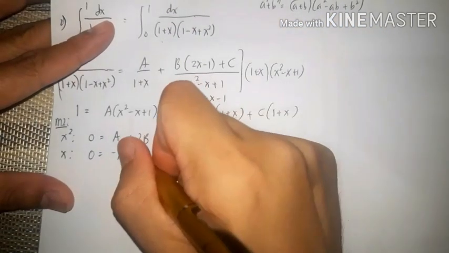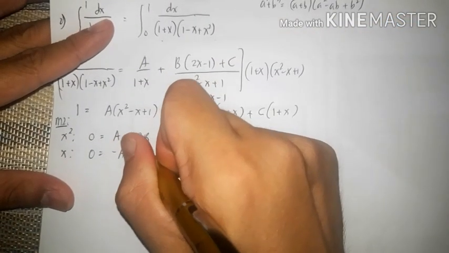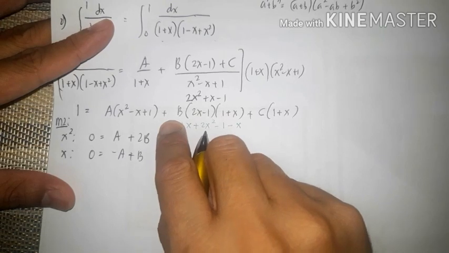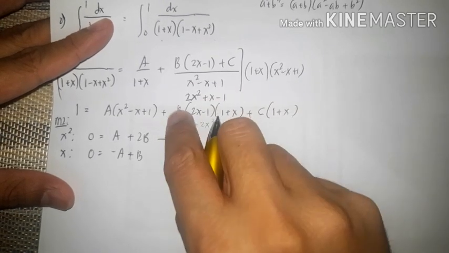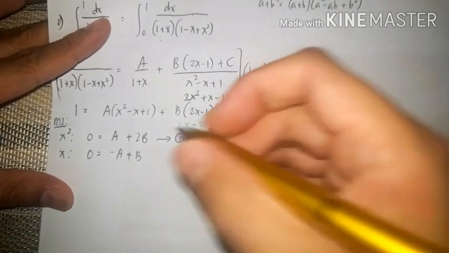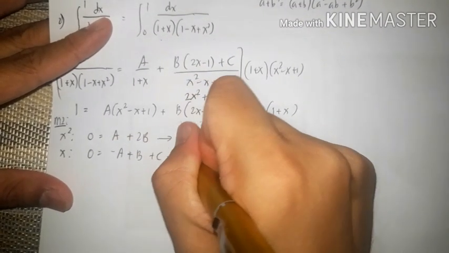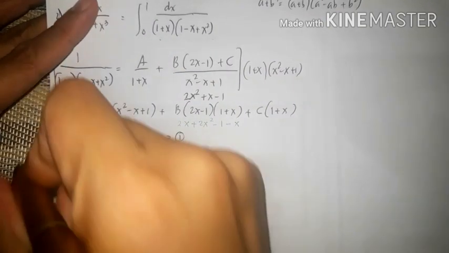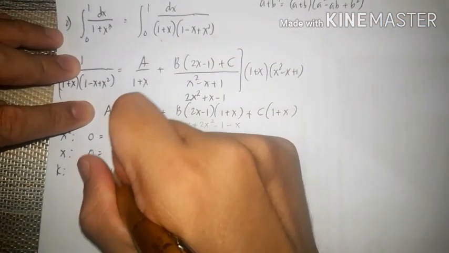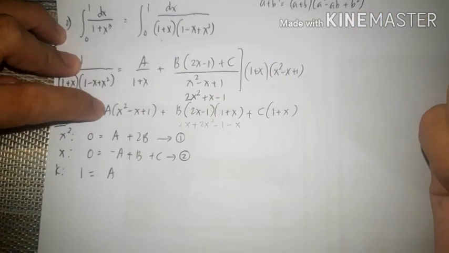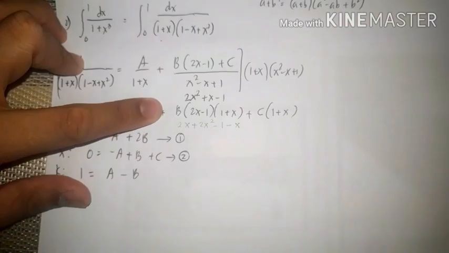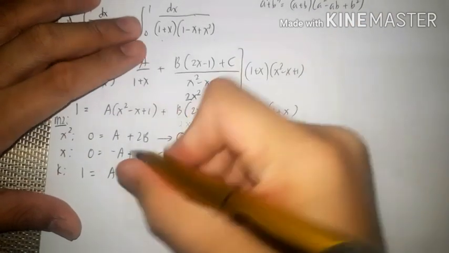For B it is plus B, since positive x times B, the numerical coefficient 1 times B is B. Then 1 times C is plus C. That's equation number 2. And for the constant, you have 1 on the left side. 1 for letter A. For B it is minus B. And for C, another 1.